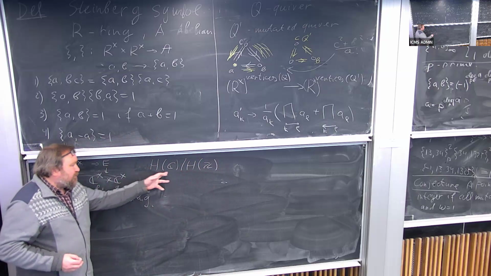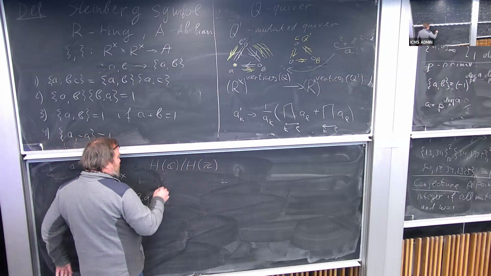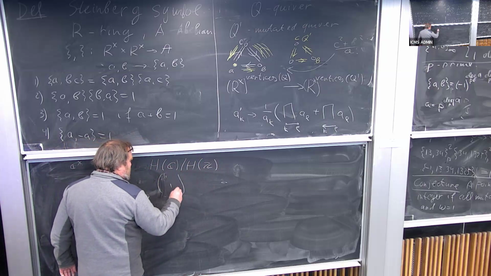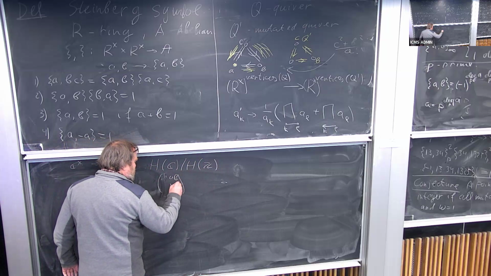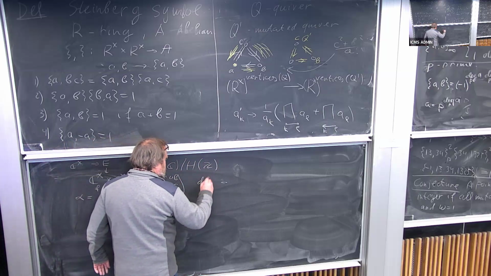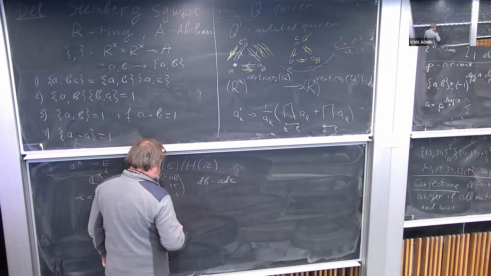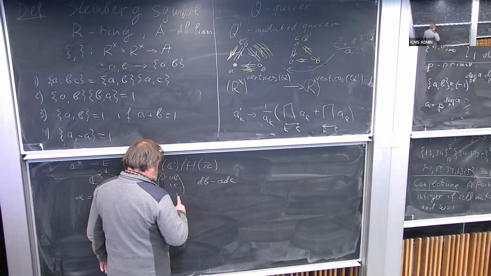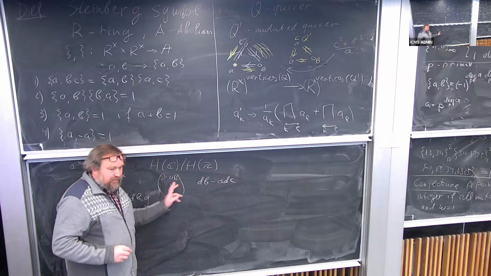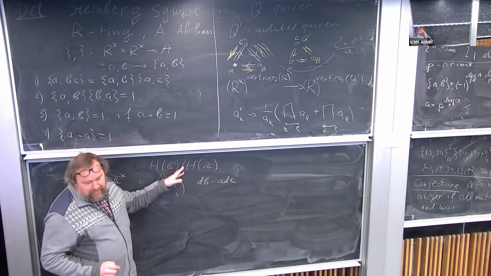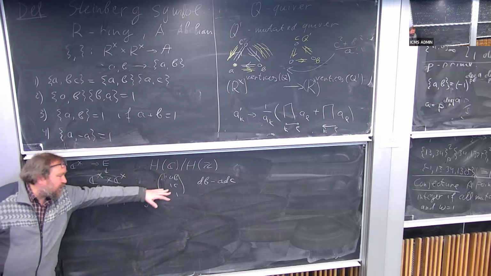Here you have an invariant form: with matrices 1, A, B, C, the form is dB minus A dC. This is left invariant, and you take the right quotient and get a connection form on the quotient.